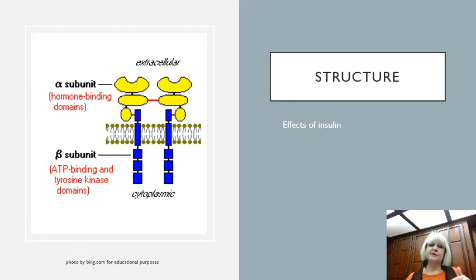The extracellular region exhibits a variety of elements, including immunoglobulin-like or epidermal growth factor-like domains, fibronectin type 3 repeats, or cysteine-rich regions that are characteristic for each subfamily of RTKs.